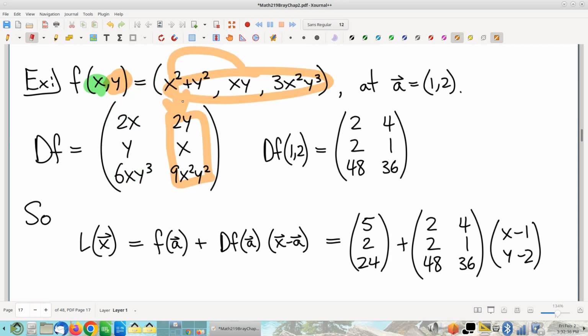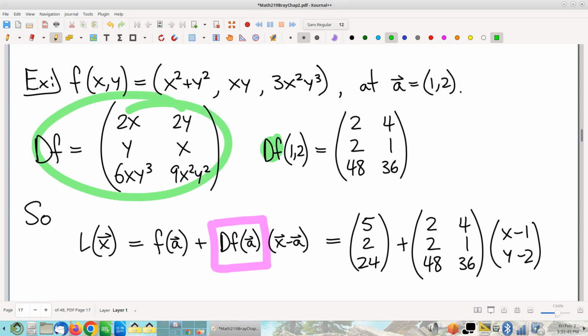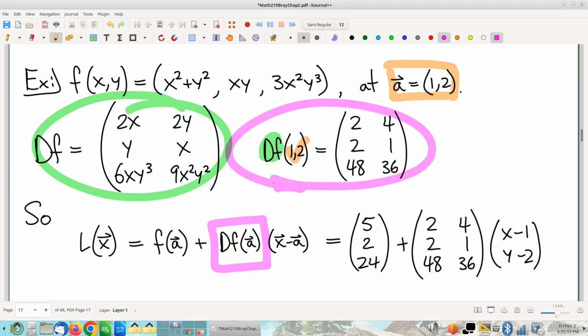All right. So now, of course, we're going to need to know not just the derivative matrix in general, but what happens when you evaluate the derivative matrix at the point we're interested in. In other words, at 1, 2. So I'm going to plug in 1, 2, and plugging into those formulas, this becomes that.